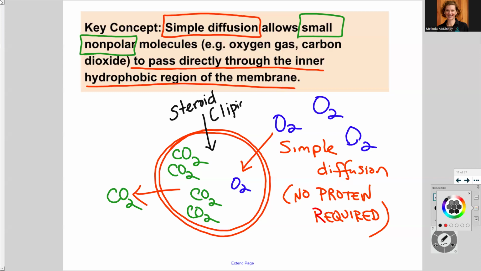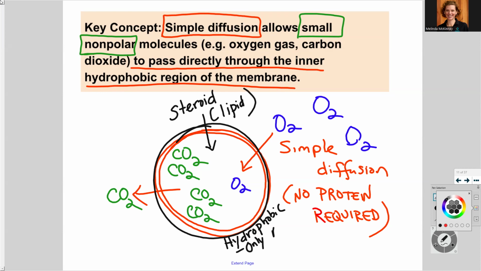Lipids are non-polar, and so it can go straight through. So this region that it's going through is hydrophobic. So it's only going to allow non-polar molecules through. Only non-polar gets through. Okay.